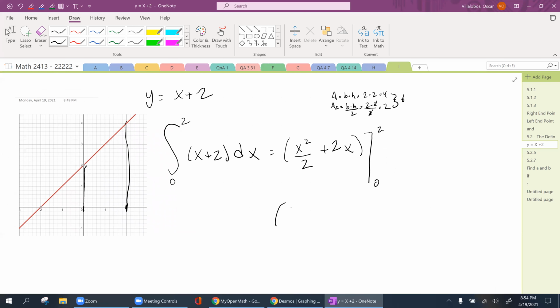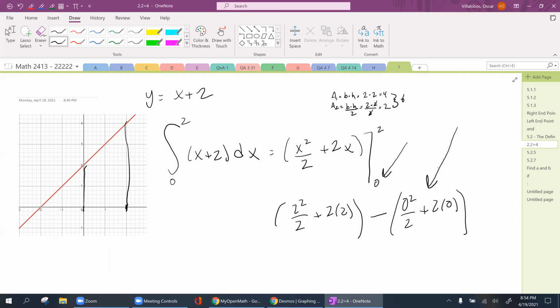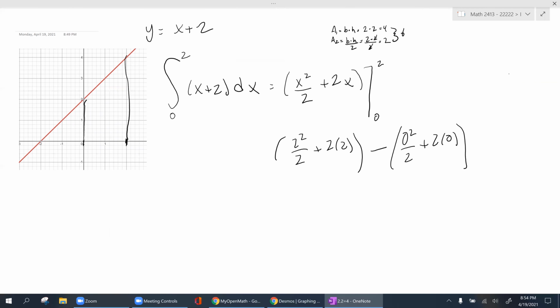So in other words, this is going to be 2 squared over 2 plus 2 times 2, minus parentheses 0 squared over 2 plus 2 times 0. And a warning: just because your bound is 0 doesn't always mean that your answer there is going to be 0. So please be careful with that. Always show all your work, show all your steps.